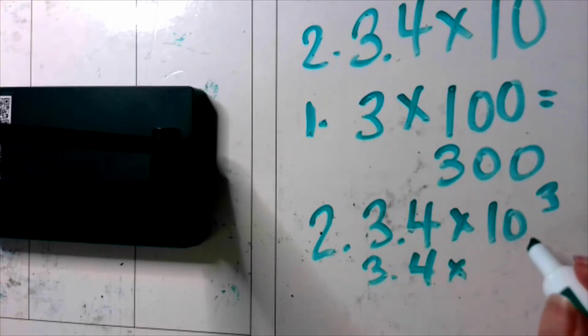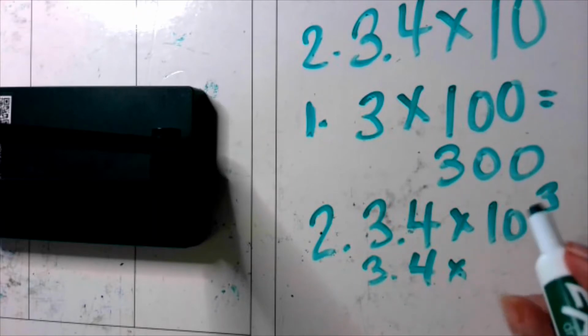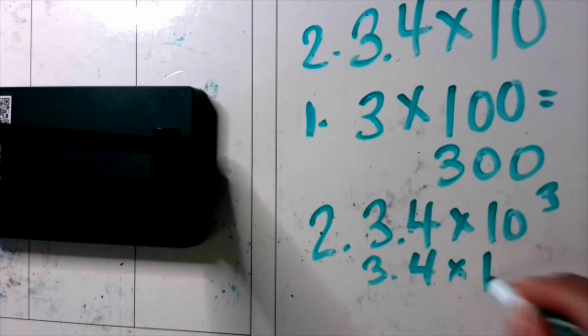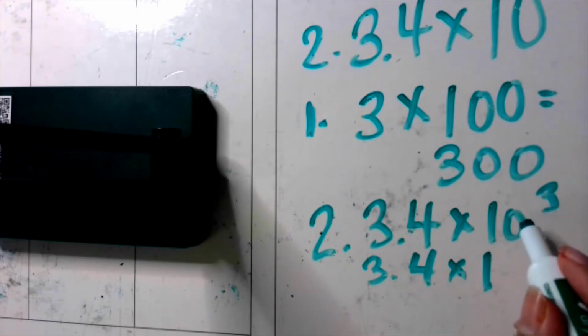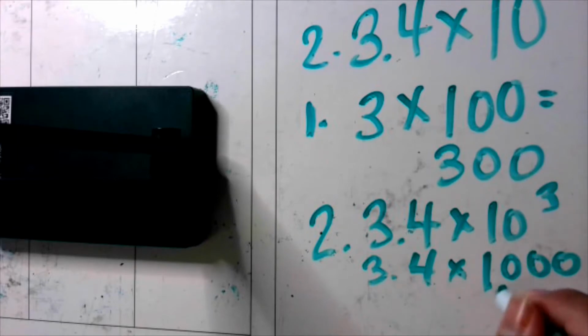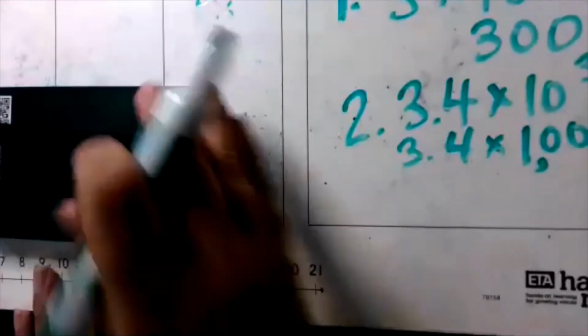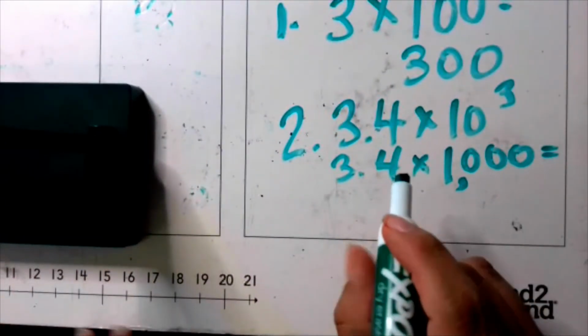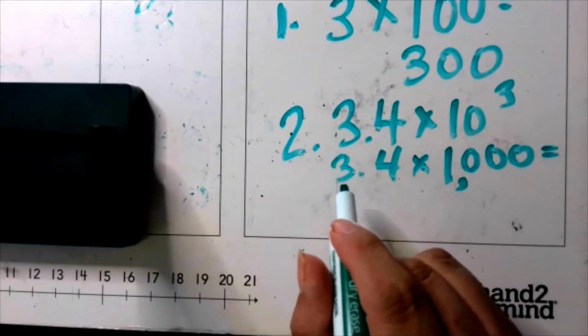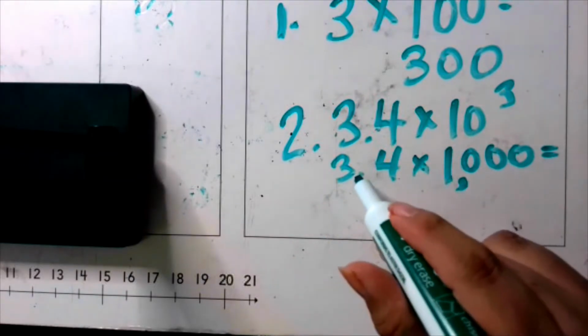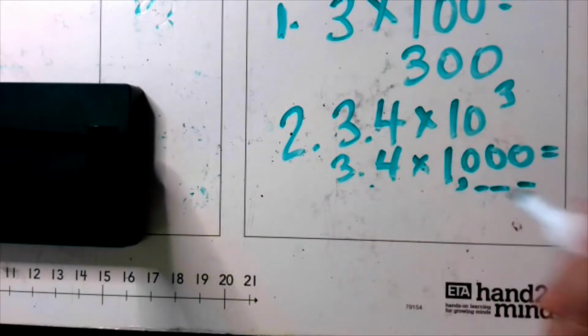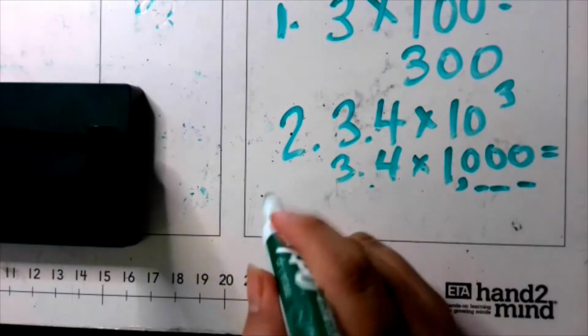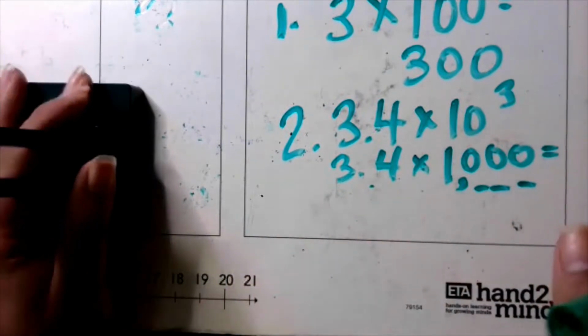So our first step is going to be to figure out what 10 to the power of 3 is. So one quick way is to write my 1, and then since I have 10 multiplied 3 times, I'm going to have 1, 2, 3 zeros. Now I can go ahead and continue the rest. This should look very familiar. This should look like something we have done before. So now I know that I'm going to shift my number 3.4 1, 2, 3 times, right? I'm going to go ahead and use my board right here.